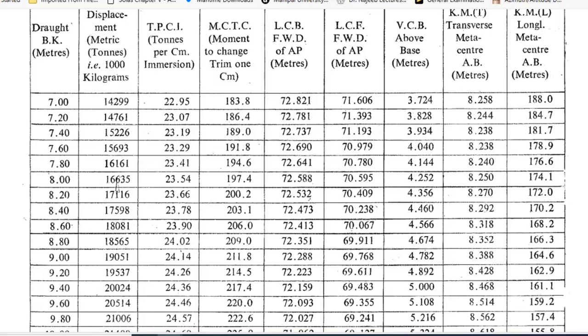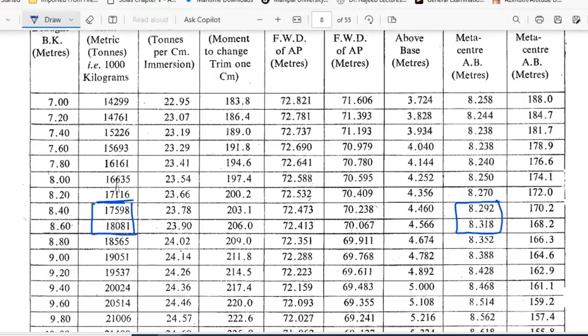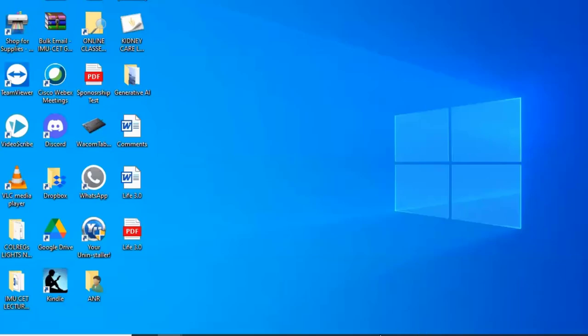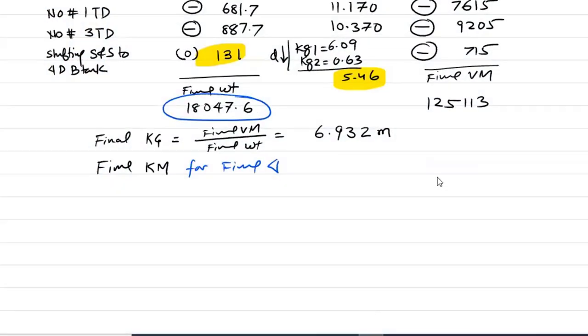How much is the displacement? 18047.6. So come here, somewhere between 8.4 and 8.6. We need to take these values, and which value do we take here? The KM. I'll move this file here so that I can write it down. 17598 gives 8.292, and the second one is 18081 with 8.318.